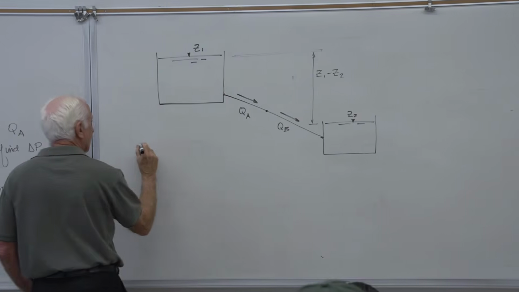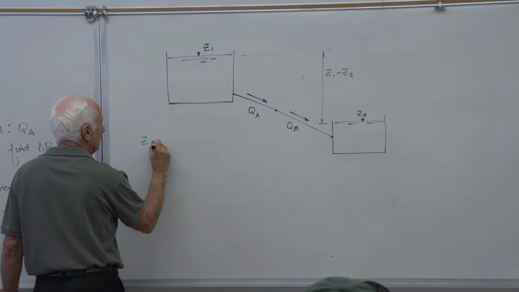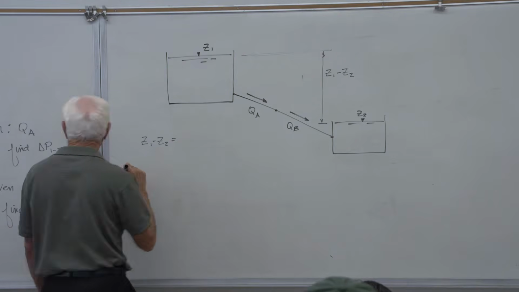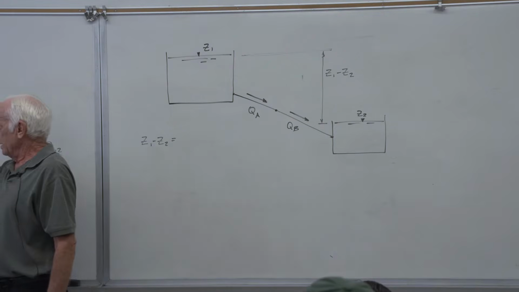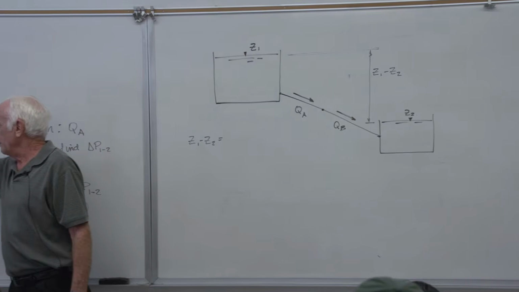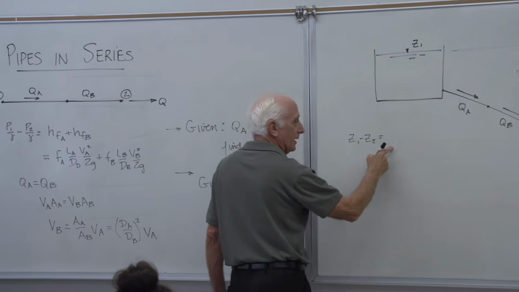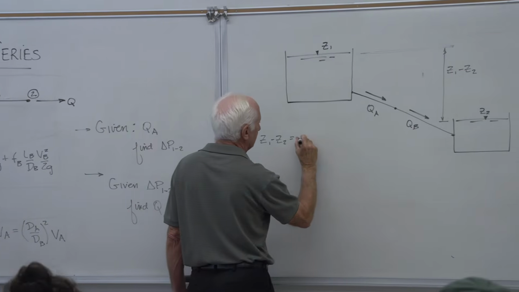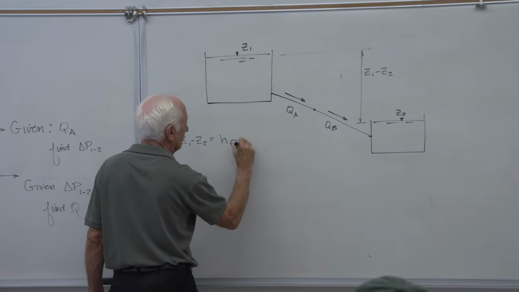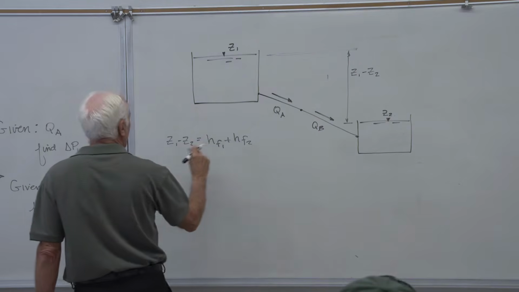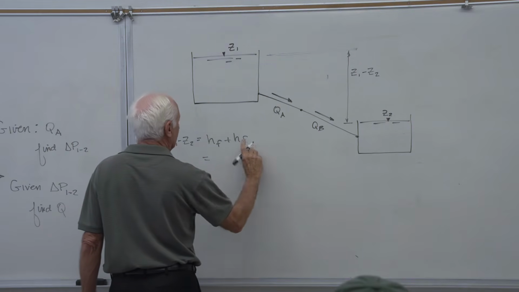So we have our energy, Z1 minus Z2 is equal to, same thing, the head loss due to friction adds, HF1 plus HF2, which I'll call A and B.